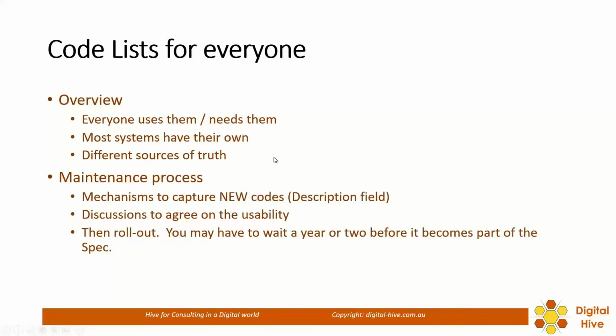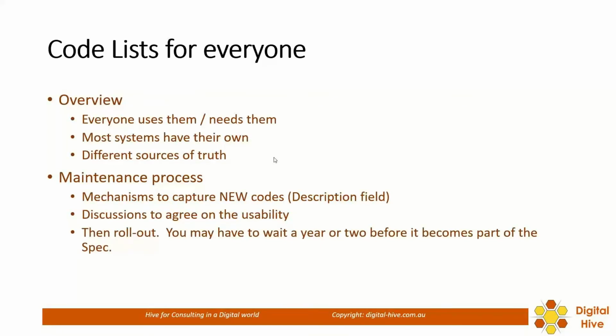so the maintenance process of code lists in terms of the A-SPEC environment is that a mechanism to capture the new codes is given via the description field. So if you find a new code in the field and you can't use that code, or it's a code that's not available that you need to use, then there is this description field that George has mentioned before several times.